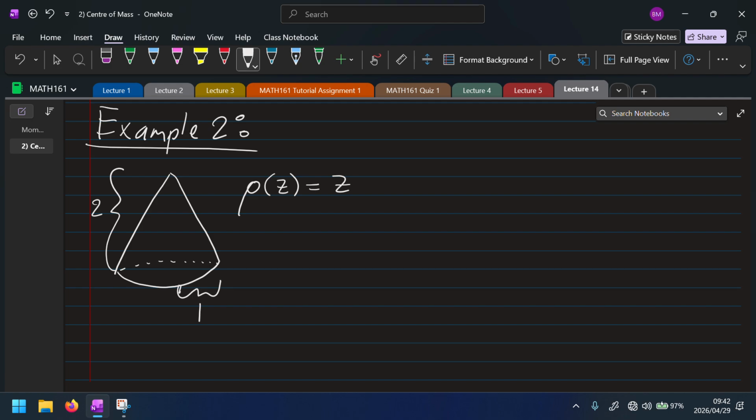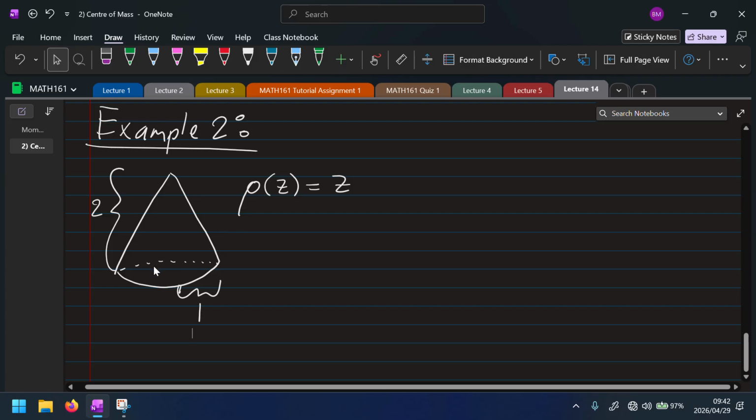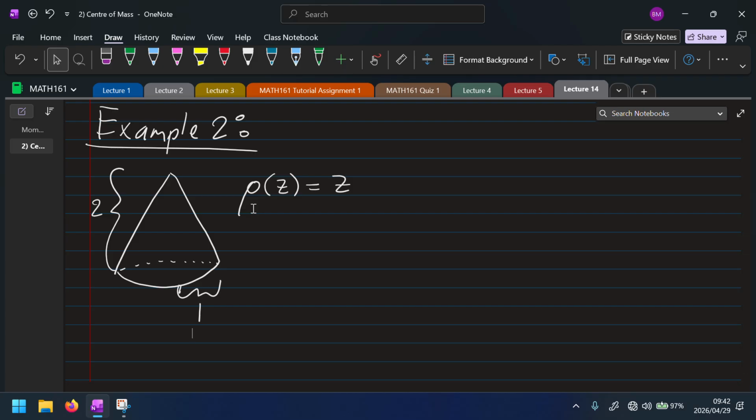Let's say it has a height of 2 and radius 1. So the density changes with z. As soon as you see that, you need to start thinking to yourself, how am I going to cut the shape up for the integration?